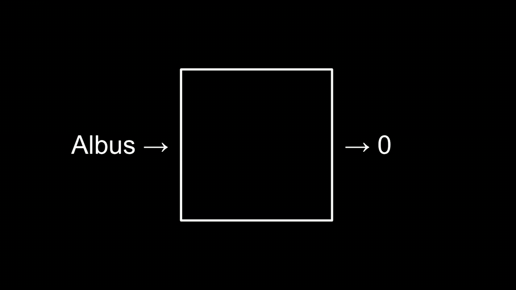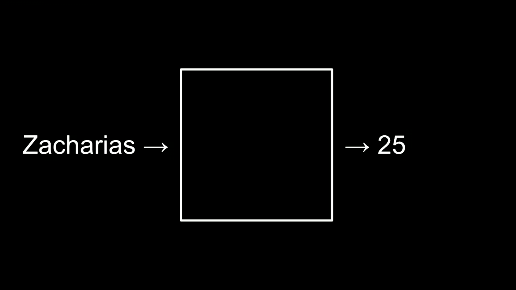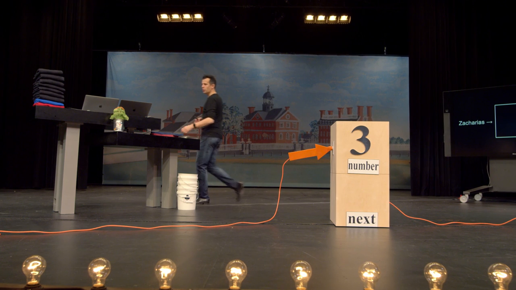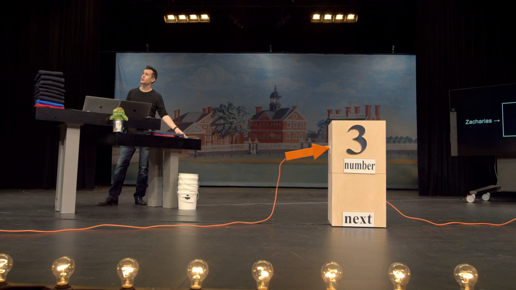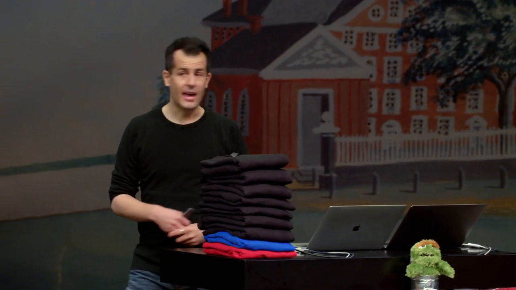It takes as input someone like Albus, and it outputs 0. It takes someone like Zacharias, and it outputs 25. And you can probably see the pattern here. The code I would write in order to implement something like this is probably going to look at the user's input, that char star, and it's going to look at the first character, which is A or Z, respectively, for these two. And it's then going to do a little bit of math and subtract off like 65 or whatnot.